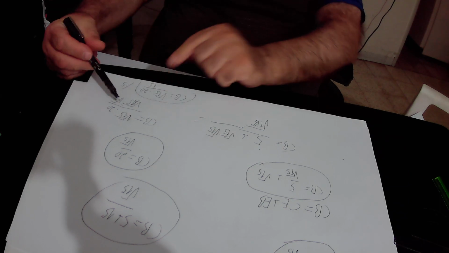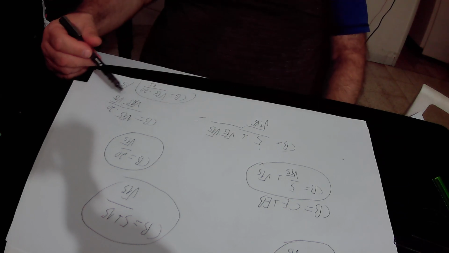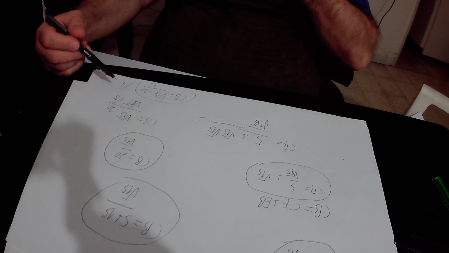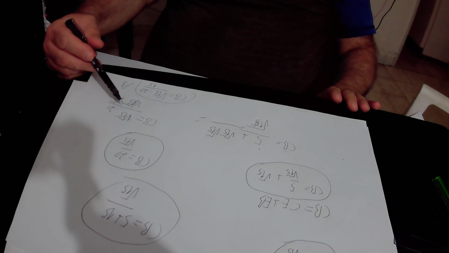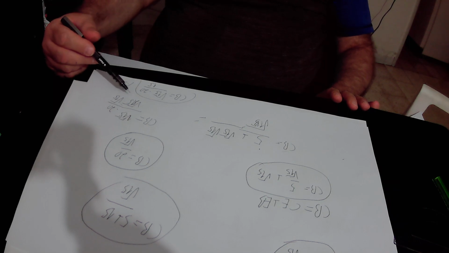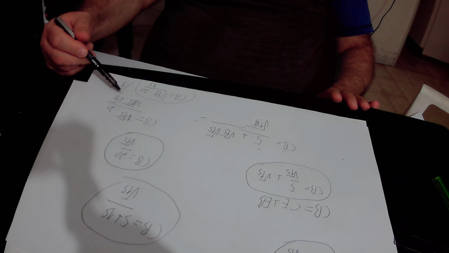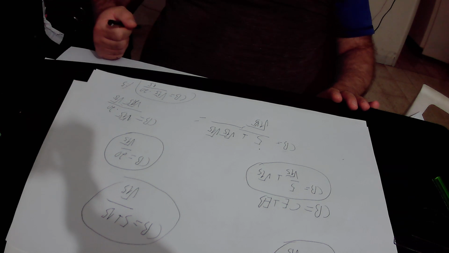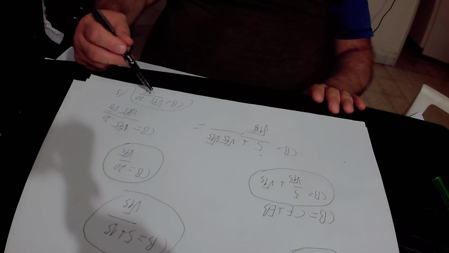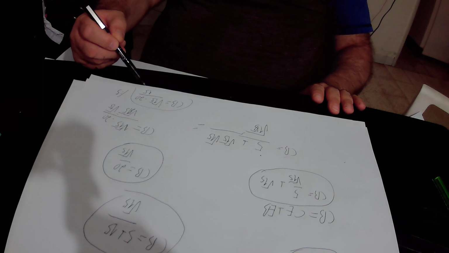And we got here the square root of 15 times 20 over the square root of 15 times the square root of 15. So in the numerator we have the square root of 15 times 20. In the denominator we have the square root of 15 times the square root of 15. The square root of 15 times the square root of 15 is 15. Okay, so we found out that CB equals the square root of 15 times 20 over 15.